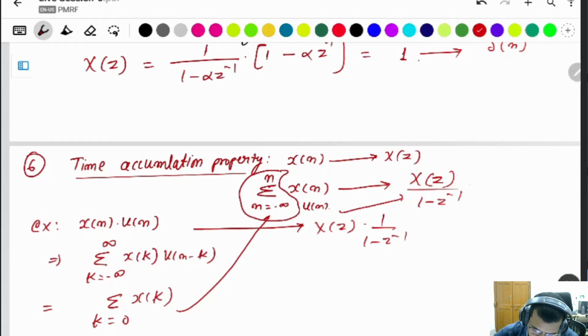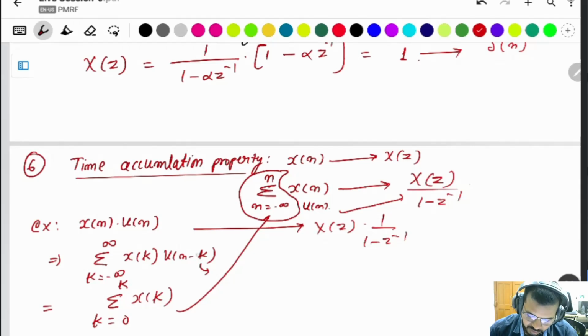Not infinity, sorry, 0 to k, because there is a k. If there is not k, only u(n) is there, then you have to take the summation from k equal to 0 to infinity. But there is u(n minus k), and k something, it means our whole function only goes till k, not infinity.